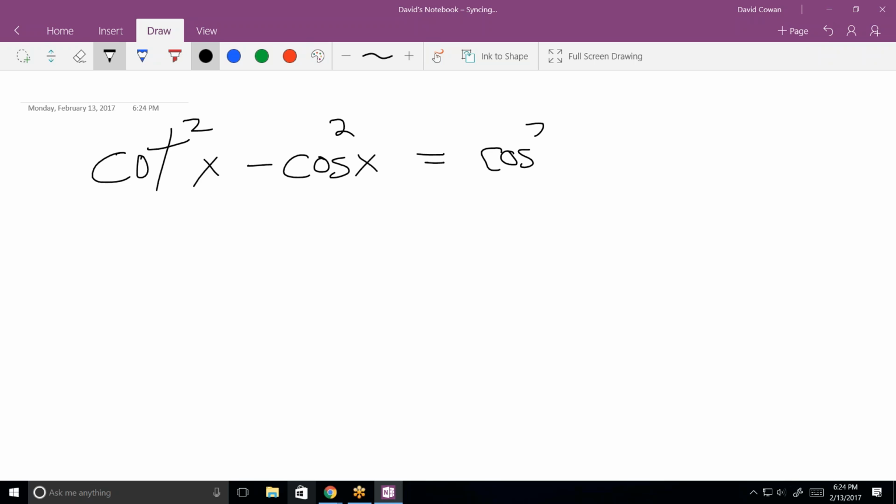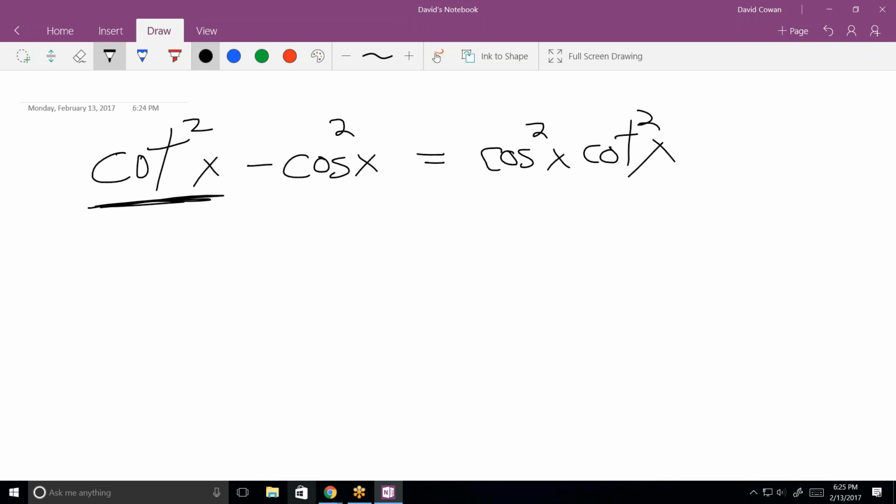Okay. When you're dealing with squares, you probably want to deal with the Pythagorean identities. Well, what's the Pythagorean identity for that? Cotangent squared of x, 1 over tangent squared of x?